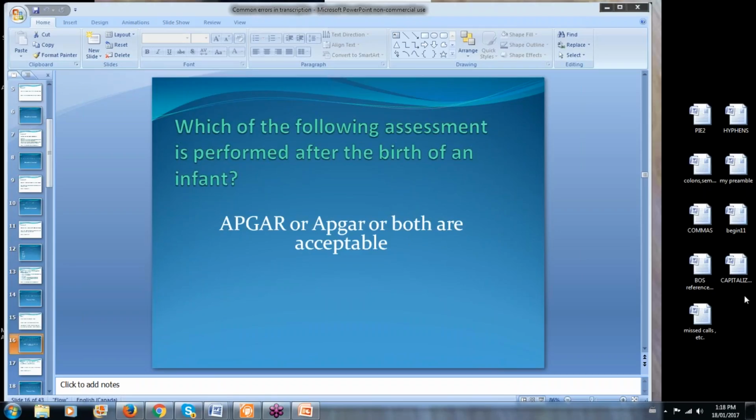We got all capped, and not capped, and all capped. Okay. Well, looks like most everybody has that right.